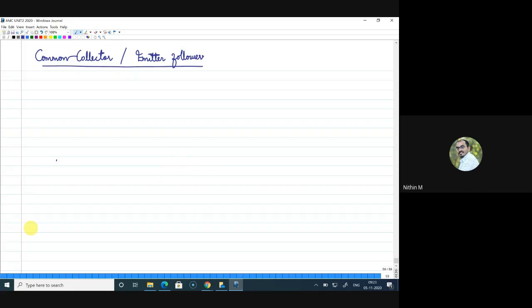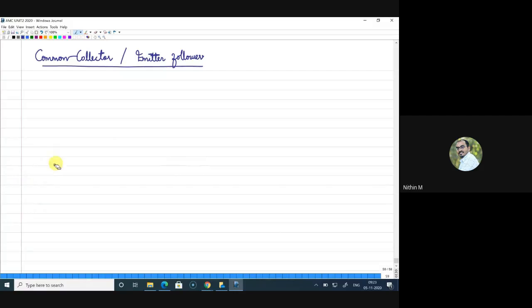Since we have done the analysis for common emitter, I would request you to start with this: can you draw the circuit diagram of a common collector? When I say common collector, the collector should be common, in the sense that it should be AC ground for the signals.